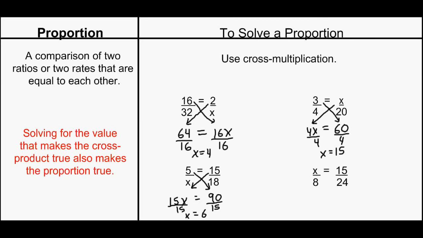One more. 15 times 8 is 120. 24 times x is 24x. Divide both sides by 24. 120 divided by 24 equals 5.